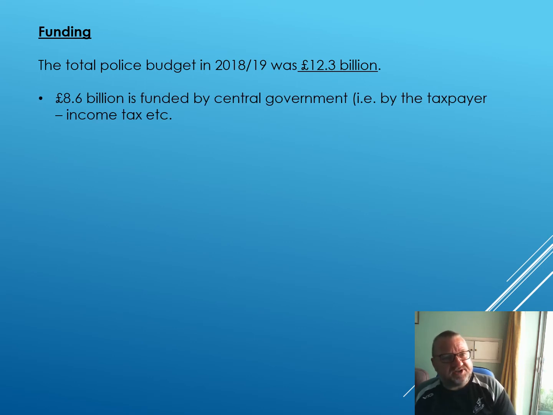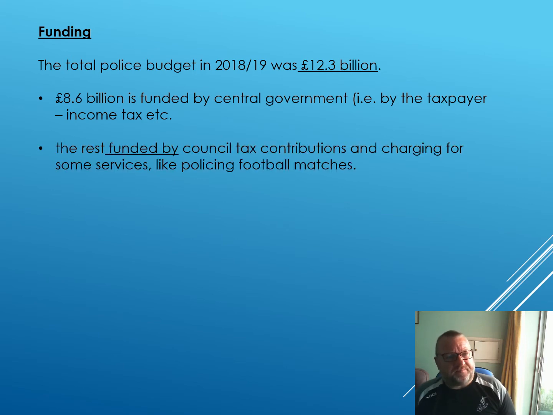Well, 8.6 of it was funded by central government. And when we say it's funded by central government, the reality is it's funded by me or you, the taxpayer, through income tax, value-added tax, whatever taxes we tend to pay. So that is the main income for the police. They're centrally funded by the taxpayer.